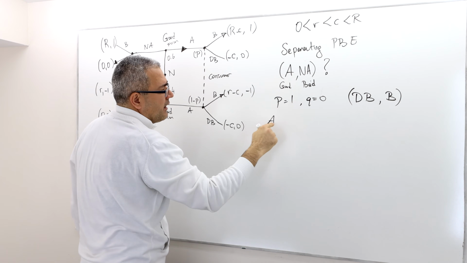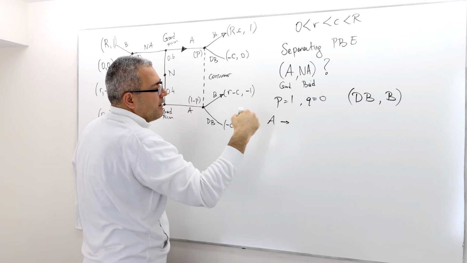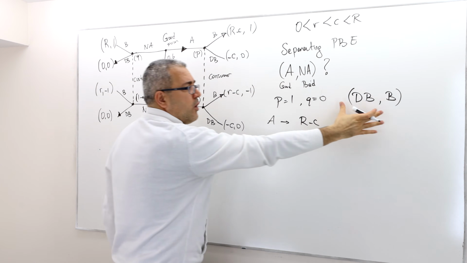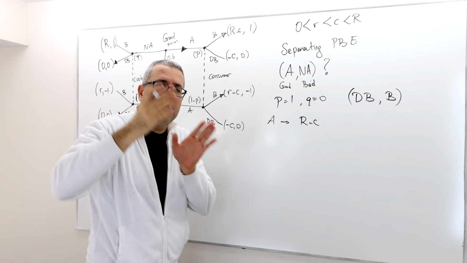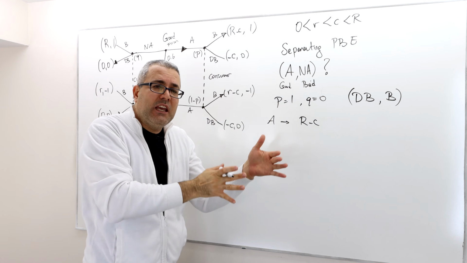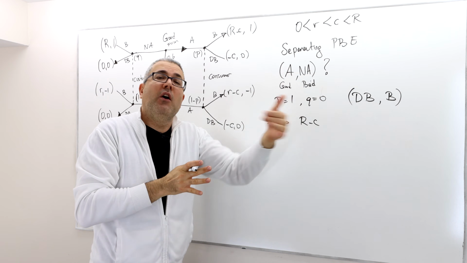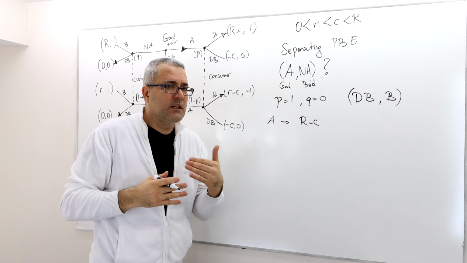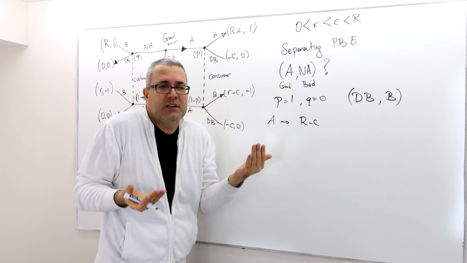So let's write that. If you take A, the payoff is going to be R minus C, because according to those strategies, we're fixing one guy's strategy and checking if the other guy is best responding to that strategy as if he knows what his opponent is going to play. Again, this is all just Nash.